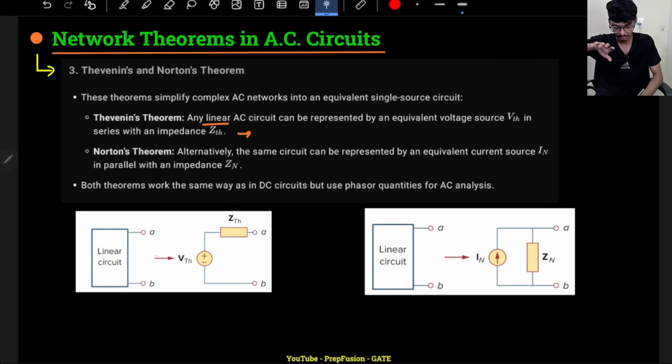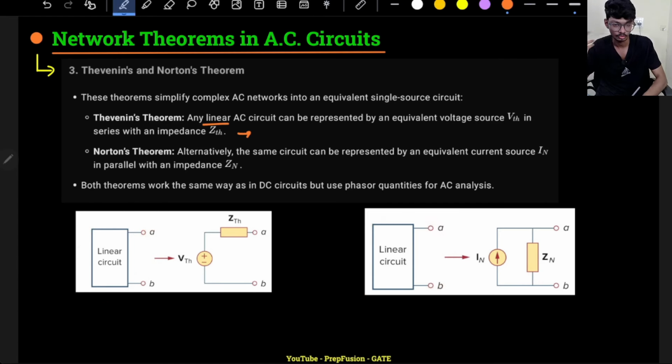If you want to apply it just on the circuit except the load, then the load can be linear or non-linear, it does not matter. I am not explaining what Thevenin's and Norton's theorems are, since you have already learned this previously.